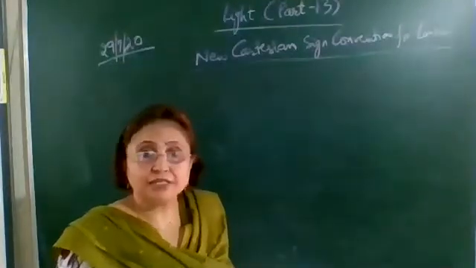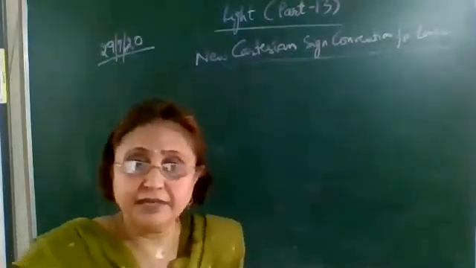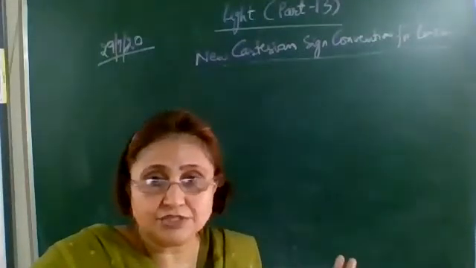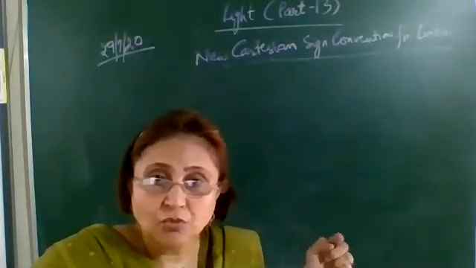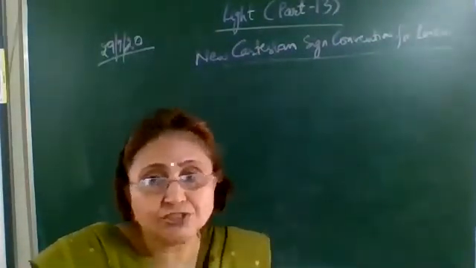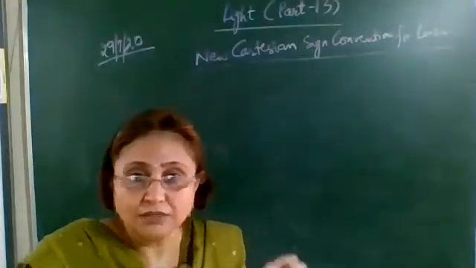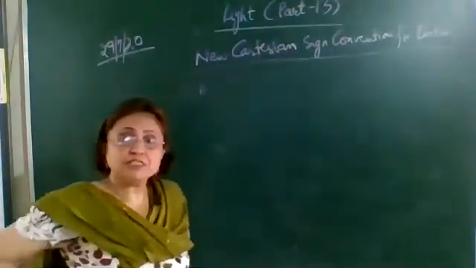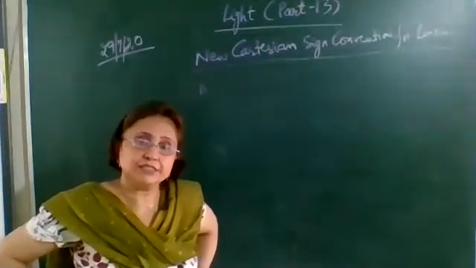Okay, the first one is, in every position we have seen that we have placed the object to the left of the lens. So what is the direction of the incident light? Direction of the incident light will be towards right. Now the first is, what is the origin here? Optical center.